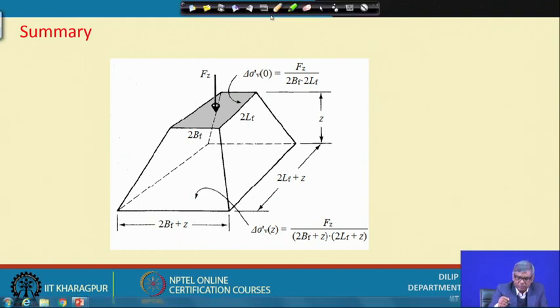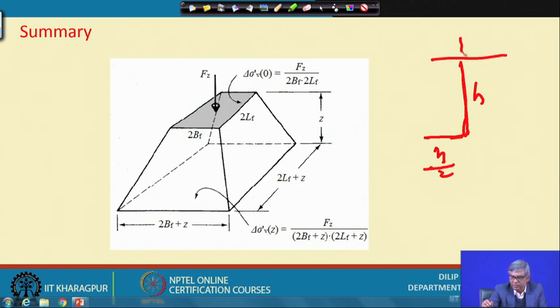Generally we consider two vertical, one horizontal. That means, if you go down this much, then horizontally it will be half of that. So, if this height is h, then the spreading on this side will be h by 2. So, if the footing is here, then I can assume the footing is widened at this depth by h by 2 on this side and h by 2 on this side also.